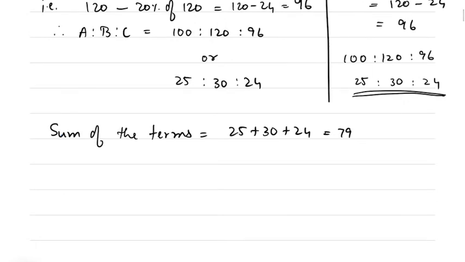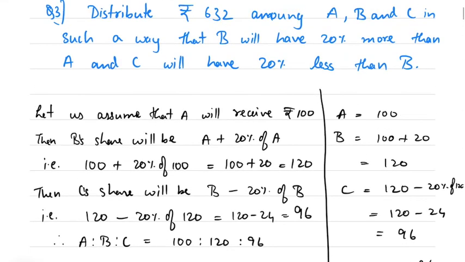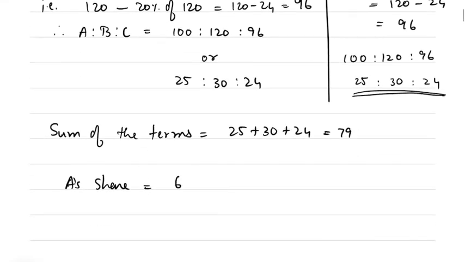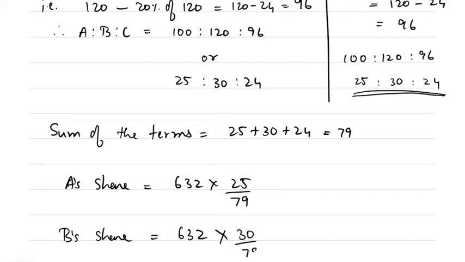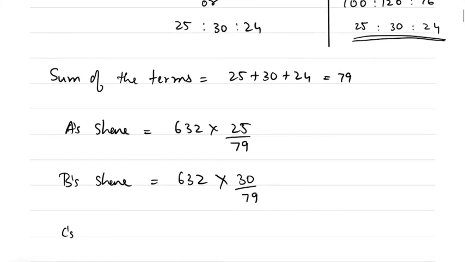So A's share, the amount being 632, is 632 into 25 by 79. B's share will be 632 into 30 by 79, and C's share will be 632 into 24 by 79.